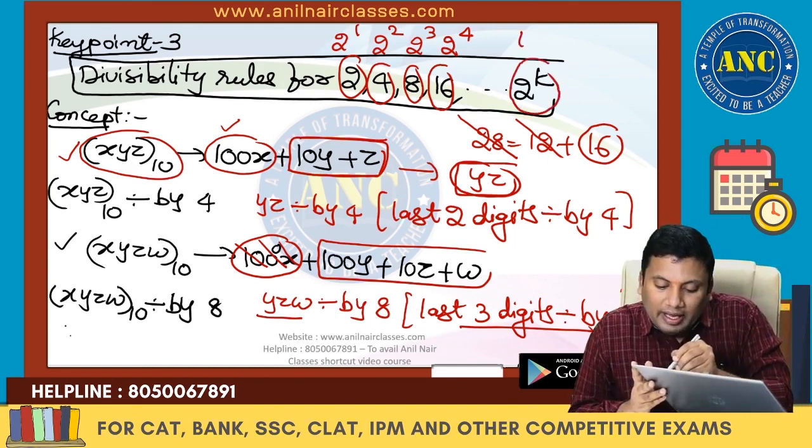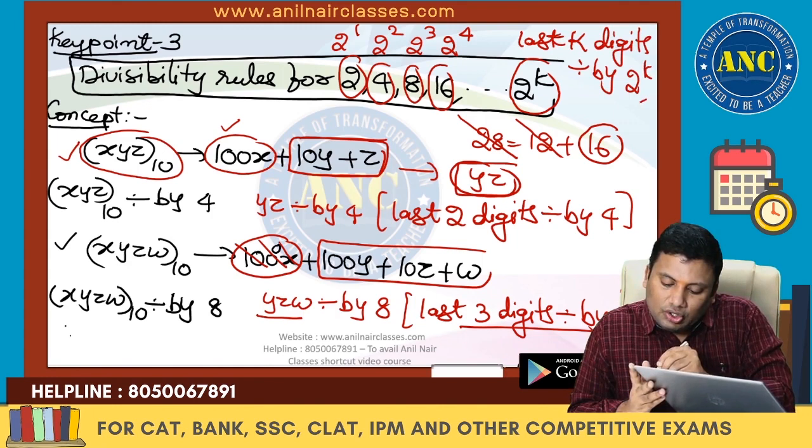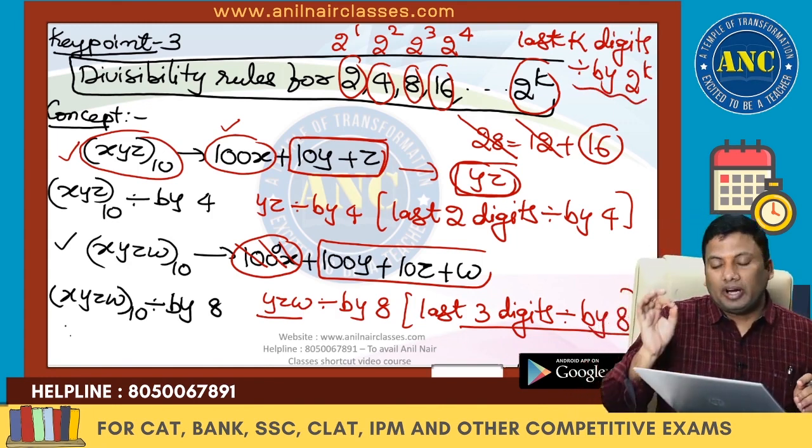For 2 power k, the last k digits should be divisible by 2 power k.